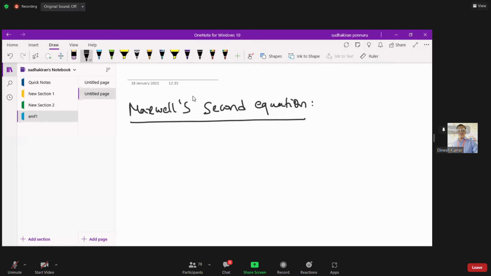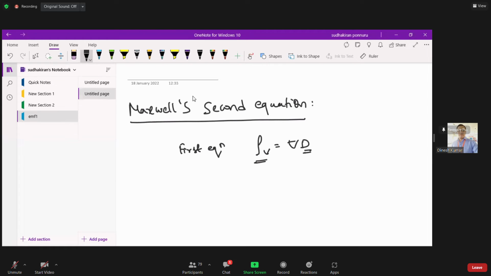Do you remember that? I think you have already got this question in your first mid examination. Maxwell's first equation gives rho v is equal to del of D. So it gives the relation between the volume charge density and electric flux density.